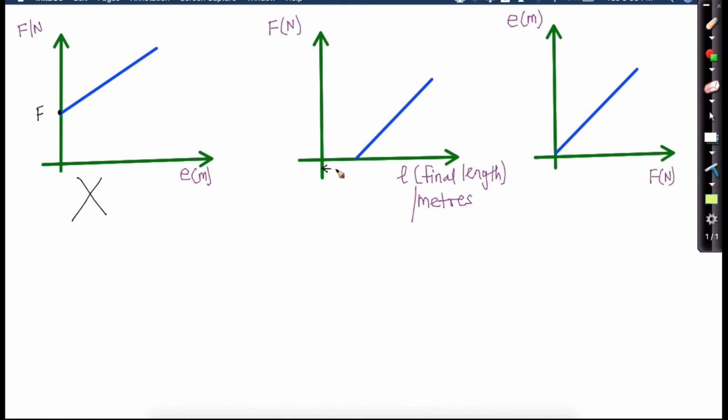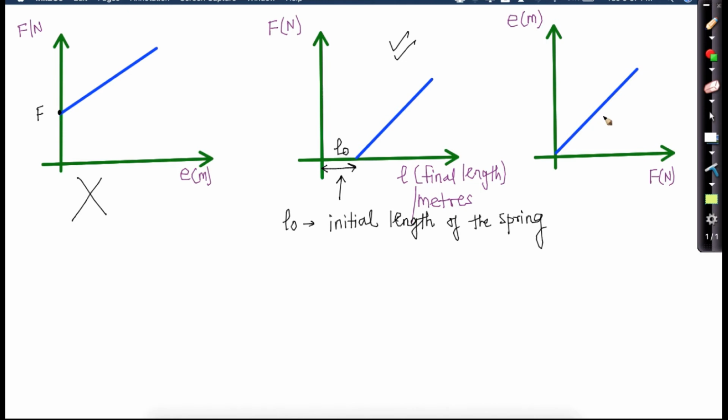Because from here to here, this is the initial length of the spring. So this length L, or I can say L naught, is the initial length of the spring. So sometimes they give you graphs like this and ask you to figure out the initial length of the spring.